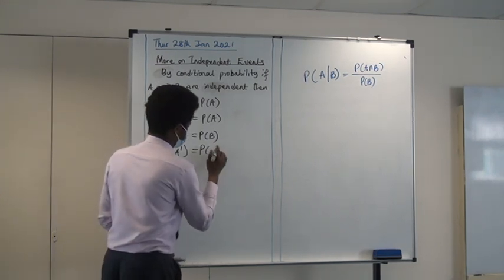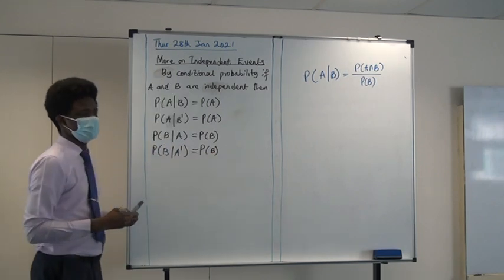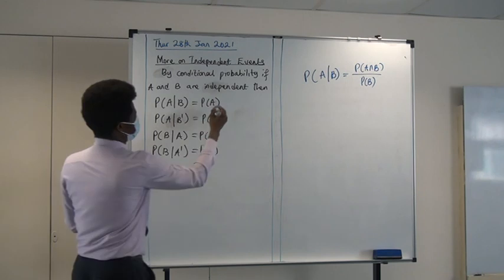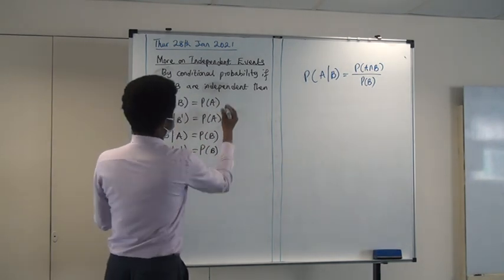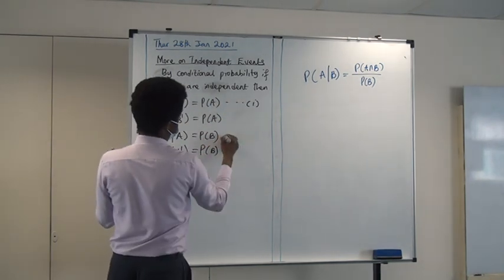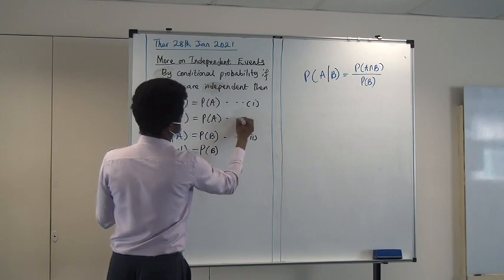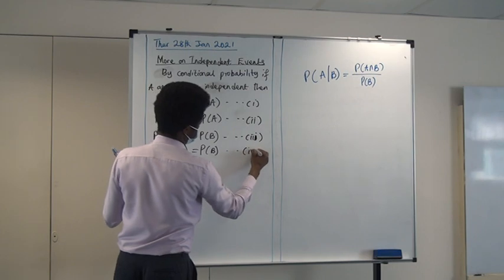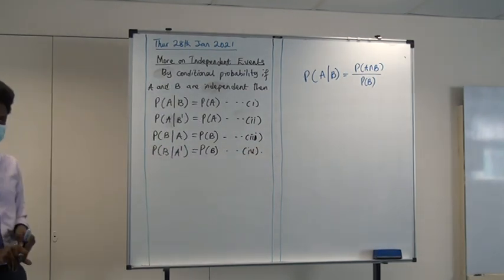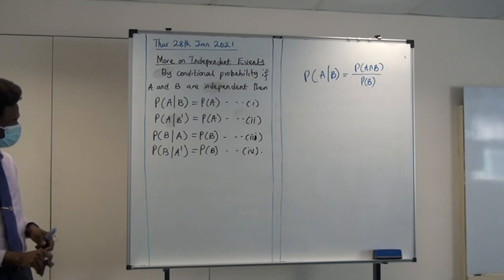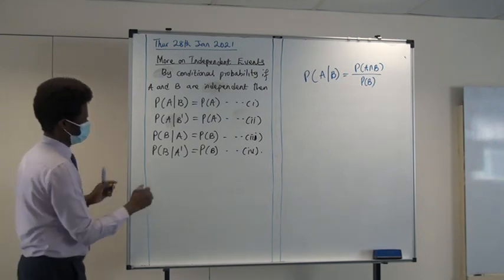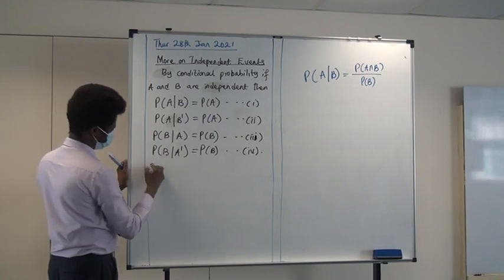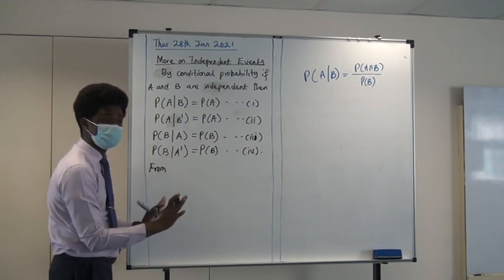My bad, sorry. Okay, so I'm just going to focus on maybe this and this. Let's look at this because it's just the same. Okay, I can write 2. These are our deductions. Normally, this would have been from 2 by definition of conditional probability.